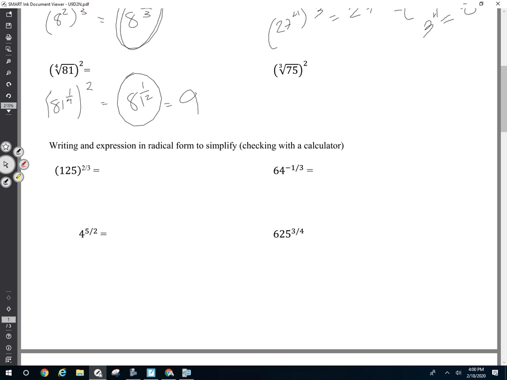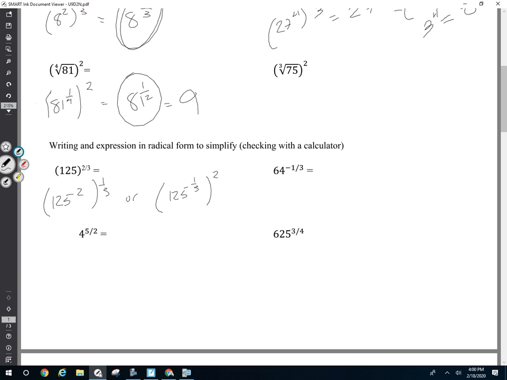So if I have 125 to the 2/3, I would write this, once my thing stops freezing, as either 125 squared to the 1/3 or 125 to the 1/3 squared.